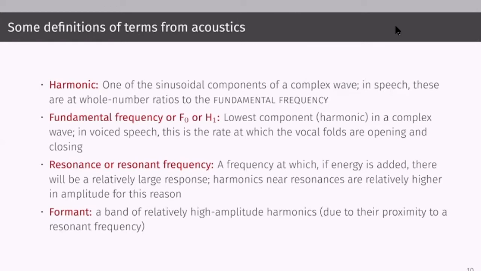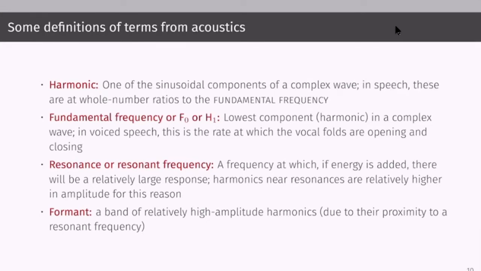So harmonic, fundamental frequency, resonance, and then formant. So a formant is a band of relatively high amplitude harmonics. And the reason that they're relatively high in amplitude is they were next to a resonant frequency. They were right around a resonant frequency.